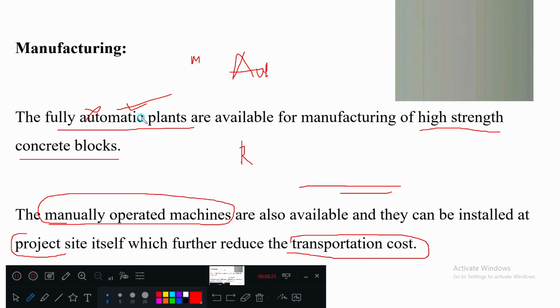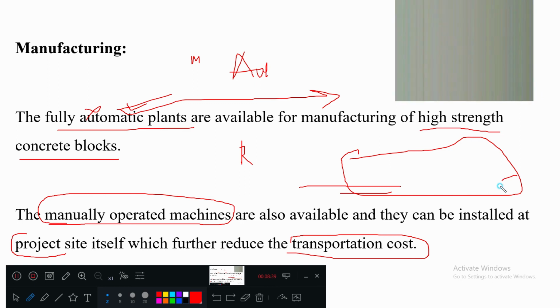Transportation cost. See here, fully automated plants are generally situated in a factory type of location. From there to site you require transportation cost. But for a particular project, let us say it is a big city and your project site is somewhere here, going for a central fully automated batching plant will have transportation cost.